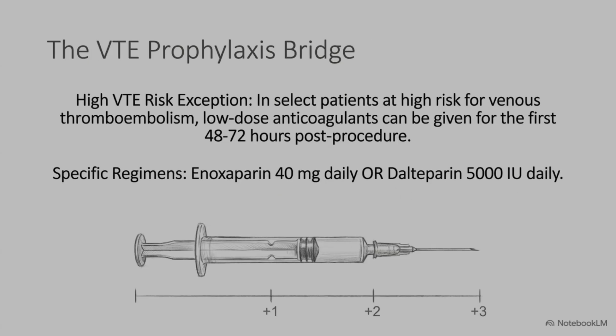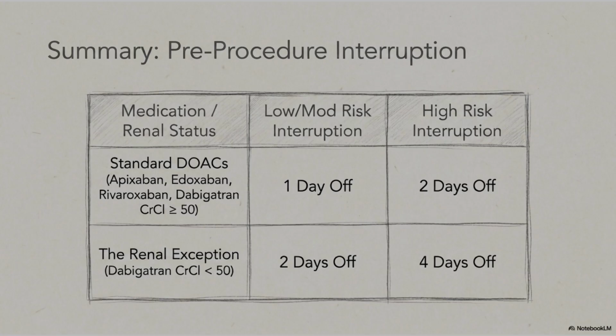In some patients at high thromboembolic risk, you could consider low dose anticoagulants like enoxaparin or dalteparin to prevent that thrombotic risk.